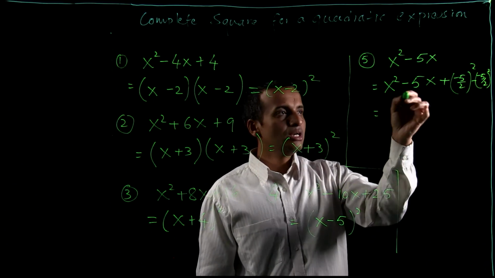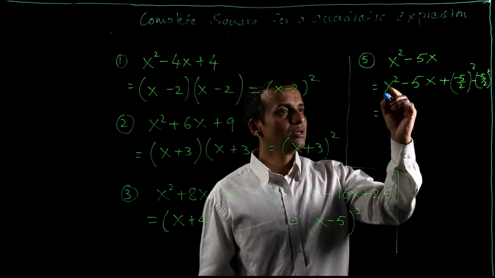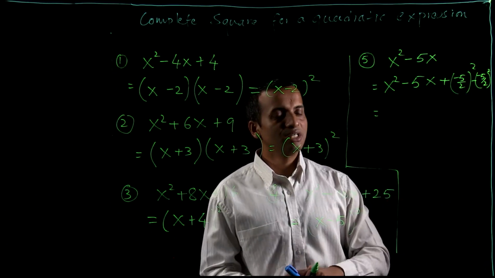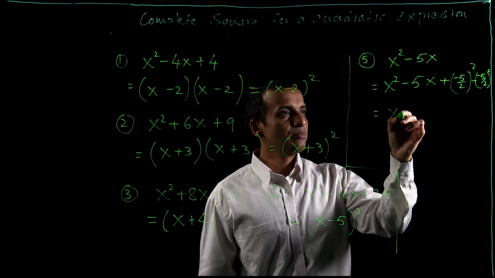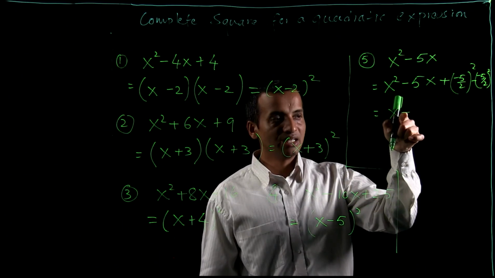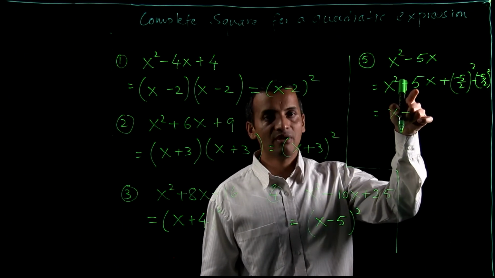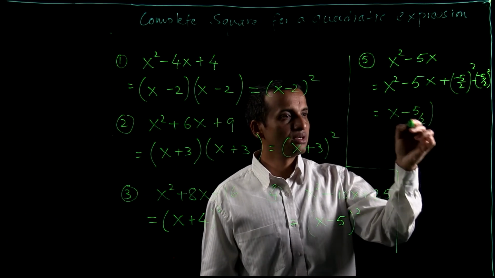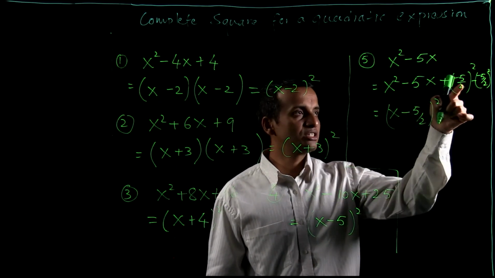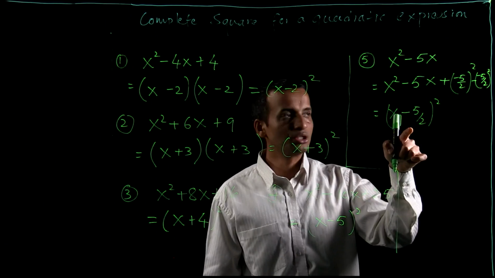For these first three terms, you get x plus half of the coefficient of x, which is negative 5 over 2, all squared.